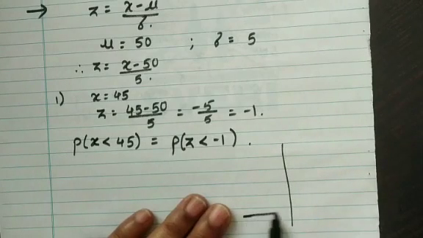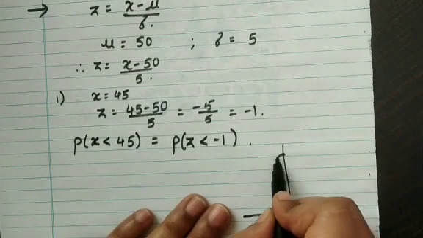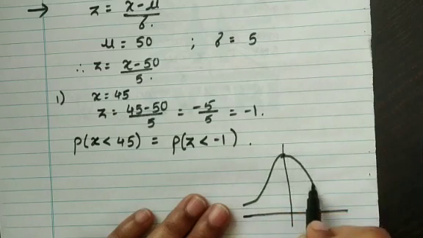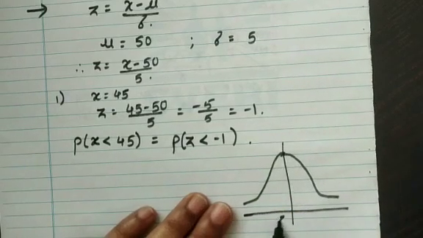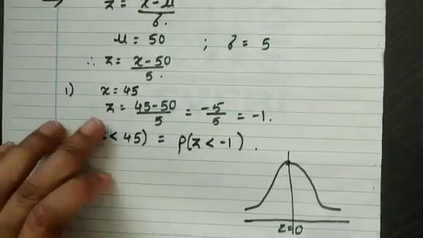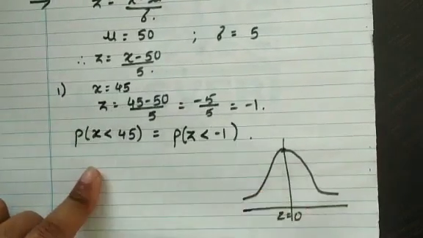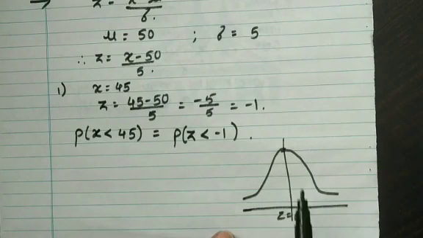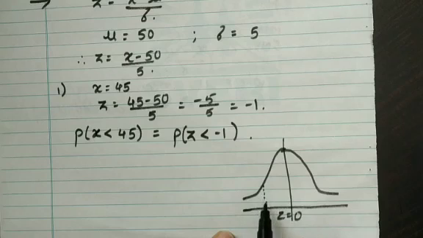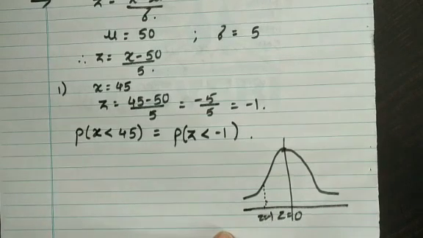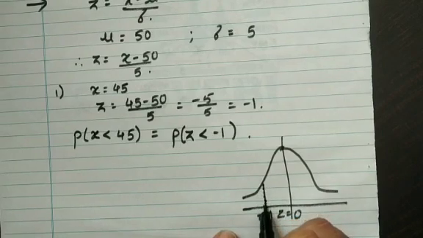So our first job is to draw a curve. As it is a normal distribution, the curve is always like this. Here z is 0, and in this case z is equal to minus 1. As it is negative, it will be somewhere on your left hand side. So here it is, z is minus 1. Now where will your area be?